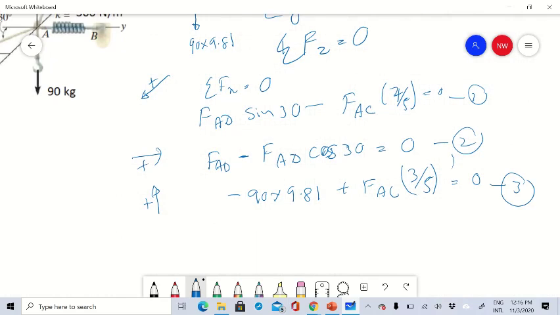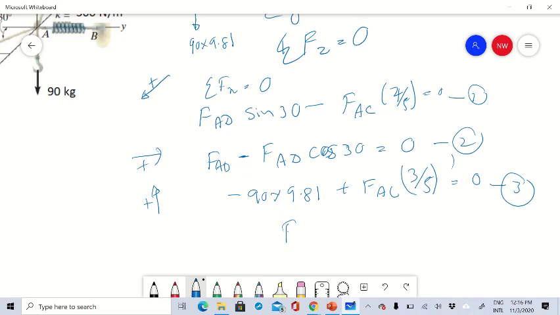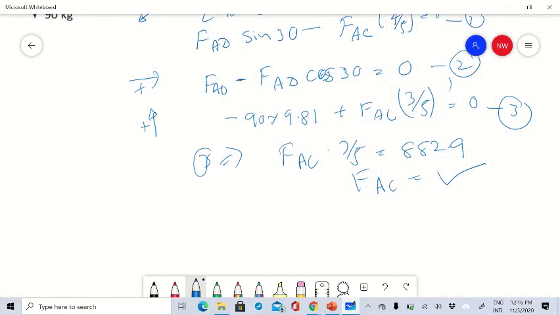So from the third equation you can find FAC. FAC times 3 over 5 is equal to 882.9. So you can find FAC from that, right? So if you know the FAC from equation 1, you can find the value of FAD, right?